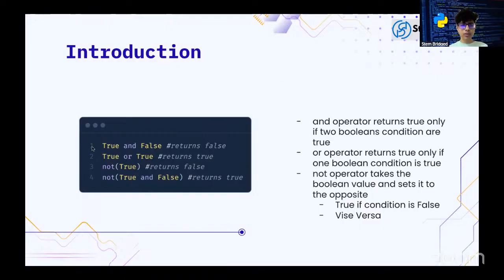For example, on the first line, it says true and false, right? So this will return false because this operator requires both of them to be true. So if it said false and true, it would still return false. If it said true and true, then it will return true.